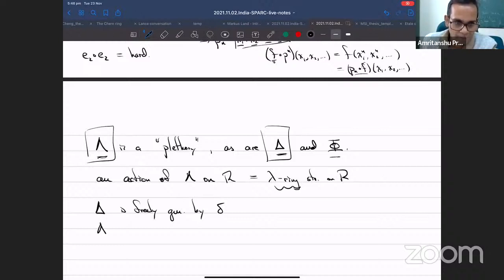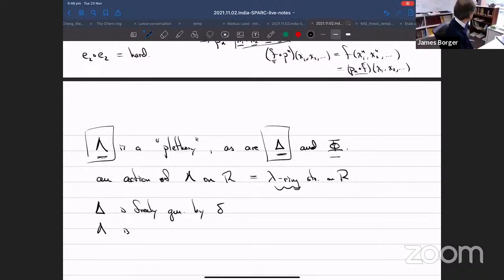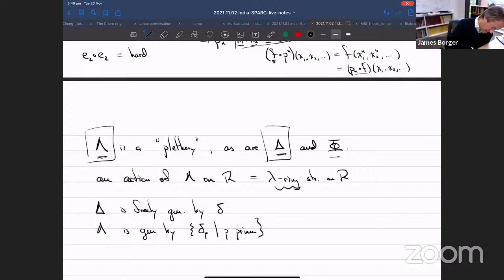But now Lambda is generated by the set of delta p for p prime. And so here delta p is the symmetric function, which is the... nope, that's the wrong way.